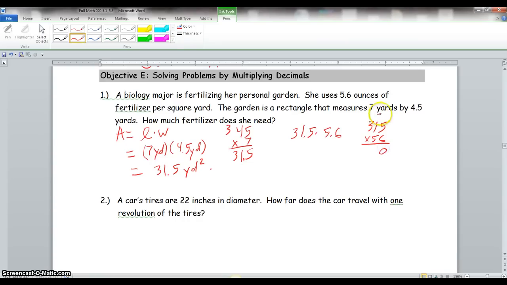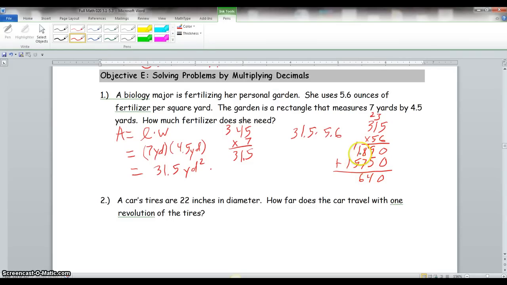6 times 5 is 30. We carry our 3. 6 times 1 is 6, plus 3 is 9. 6 times 3 is 18. Add our 0 here. 5 times 5 is 25. Bring down our 5 and carry our 2. 5 times 1 is 5, plus 2 is 7. And 5 times 3 is 15. Now we add them together. This is 0, 14. 1 and 8 is 9, plus 7 is 16.